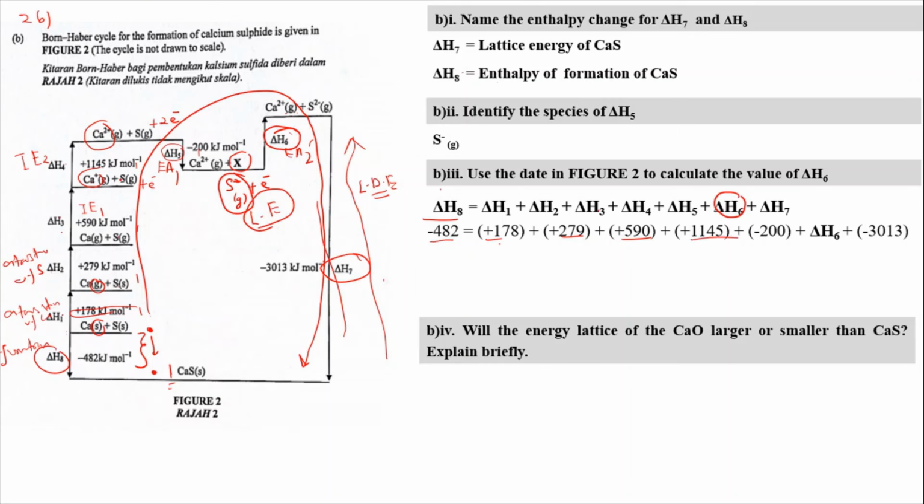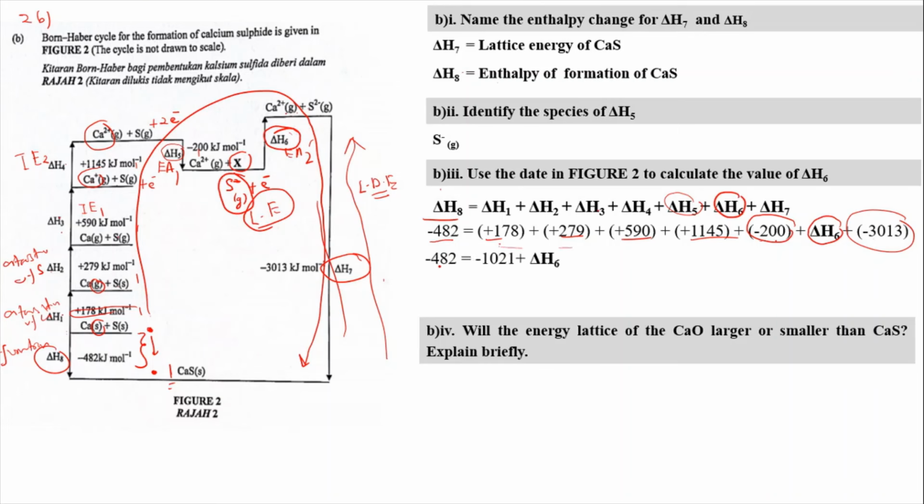Delta H5 is equal to negative 200 kilojoule per mole. And then delta H6 is something that you want to find. H7 is negative 303. So ensure that you do not miss out the negative. So you add up this side first.